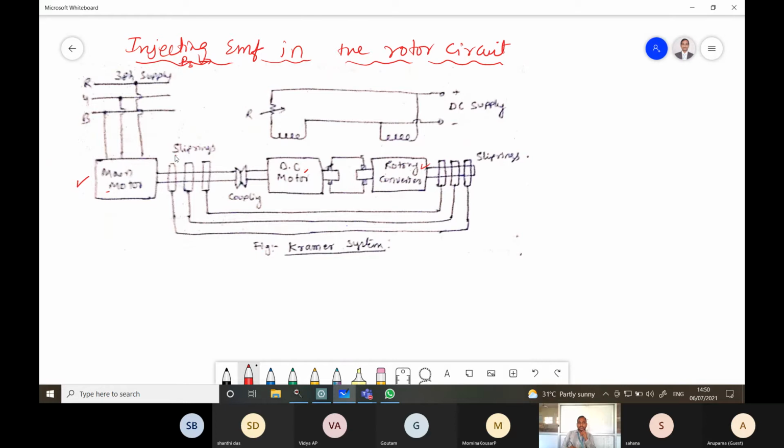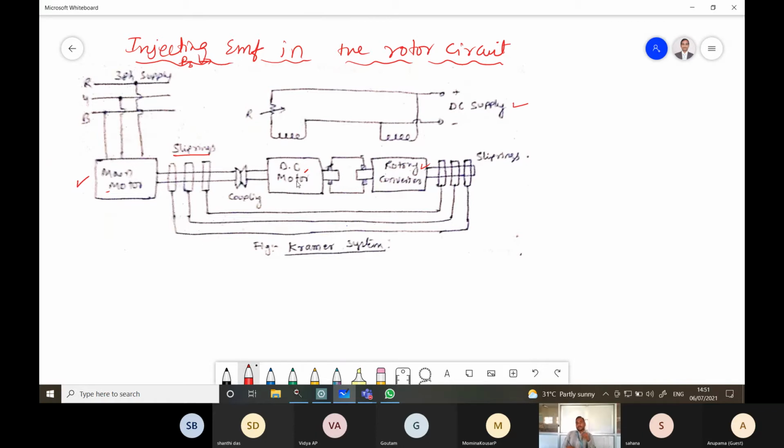Usually a slip ring rotor type induction motor is used here. The DC motor field excitation is given separately by a DC supply. The rotary converter also has a DC excitation supply given to its poles.